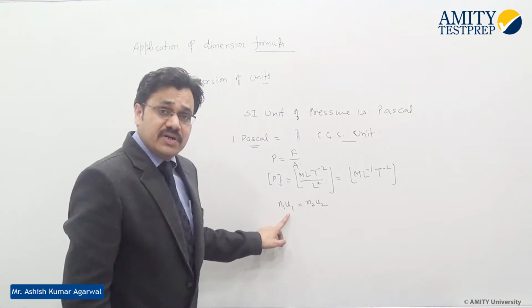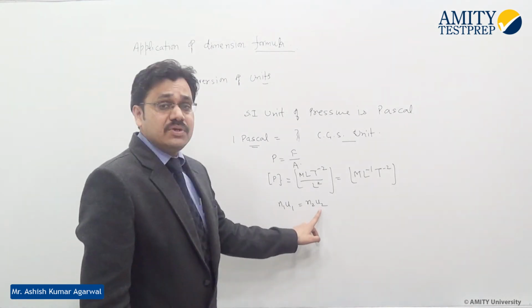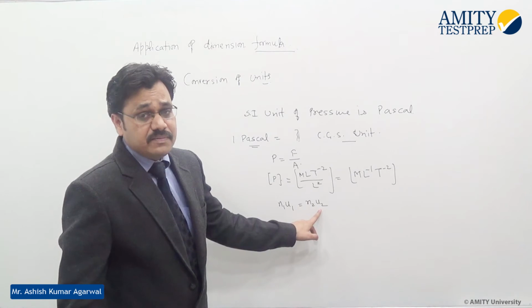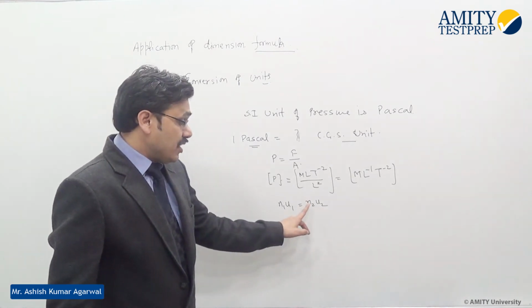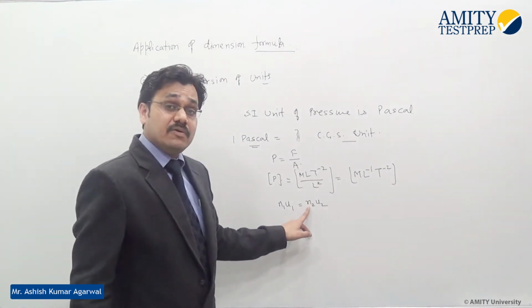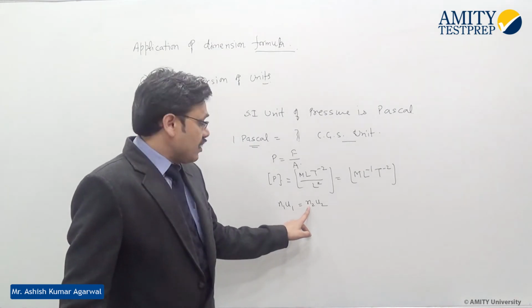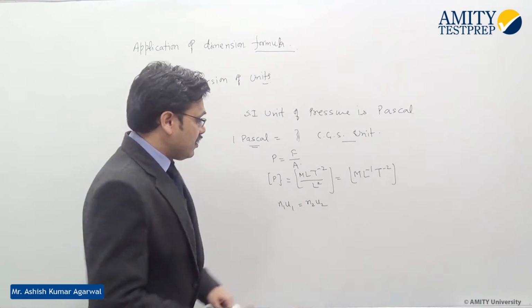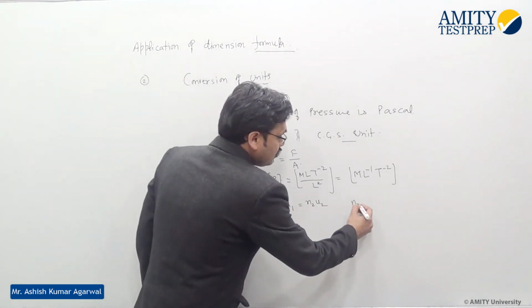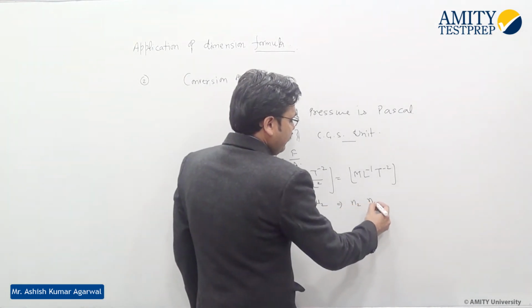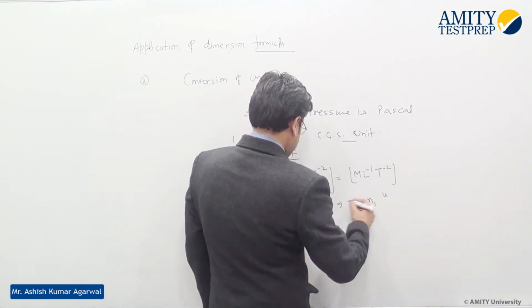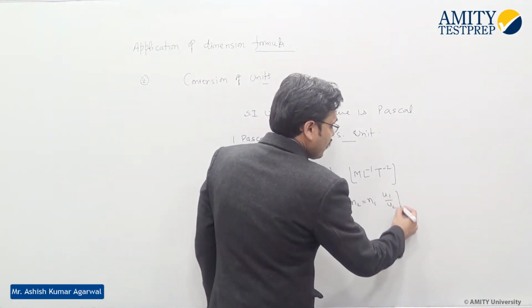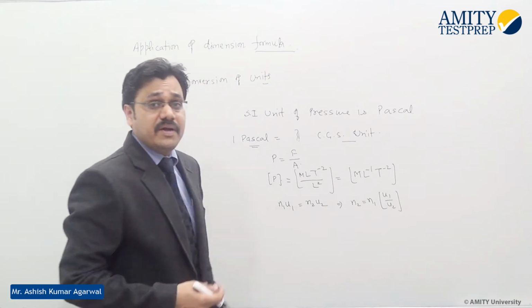U1 is the unit in the first system, and U2 is the unit in the second system that I have considered. So I have to find the numerical value, which is also called the conversion ratio, that is the value of N2 in the second unit system. So N2 should be defined as N1 times U1 upon U2.